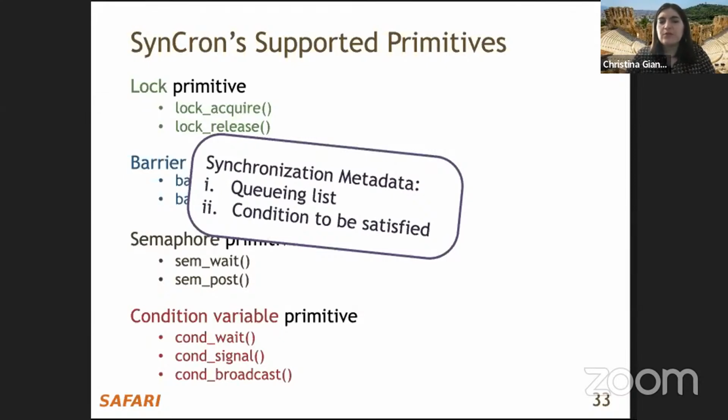And also they need to keep another piece of information, which is a particular condition that needs to be satisfied in order to complete synchronization and move on with the execution. Therefore, SynCron is designed to keep all this metadata in the proposed synchronization table. And therefore, SynCron can be easily extended to support other synchronization primitives like reader-writer locks, handshake, or monitors.